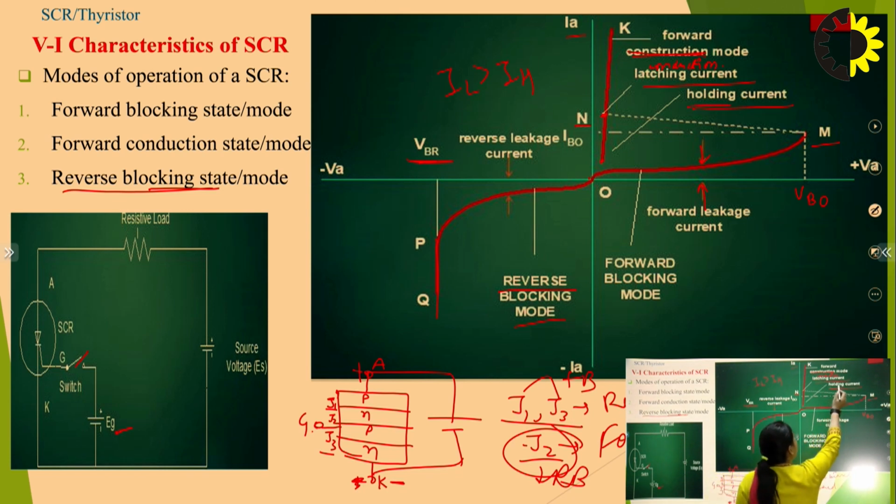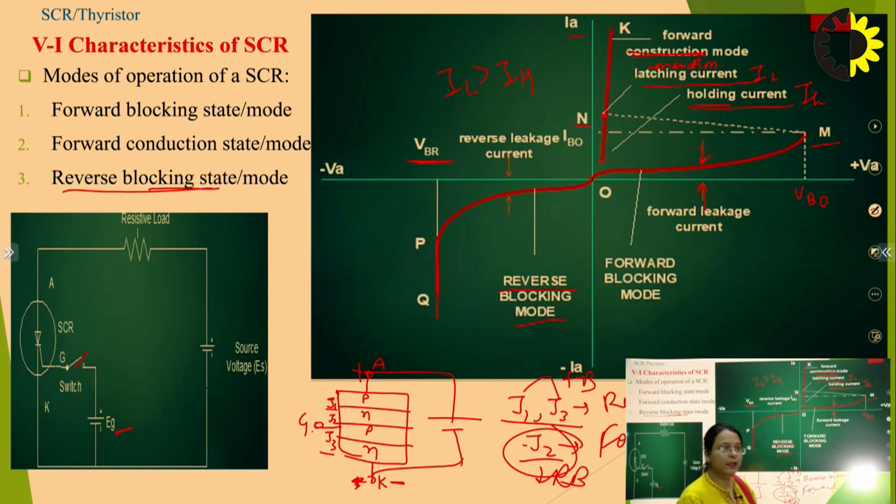This holding current is the minimum current which is required to bring the SCR to the off state. So if we want to turn off the SCR, then we can either apply the reverse voltage across the device, or we can bring the anode current below the holding current. Okay.